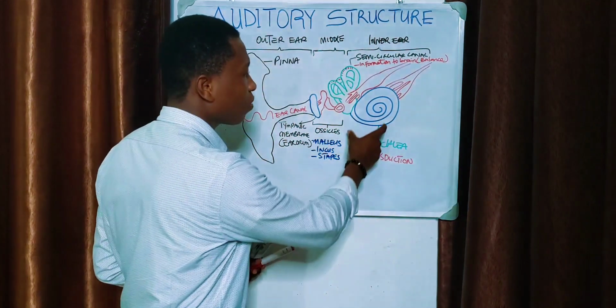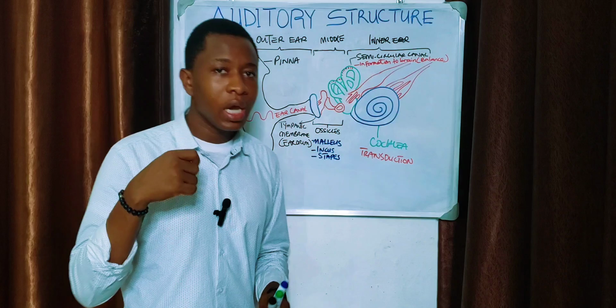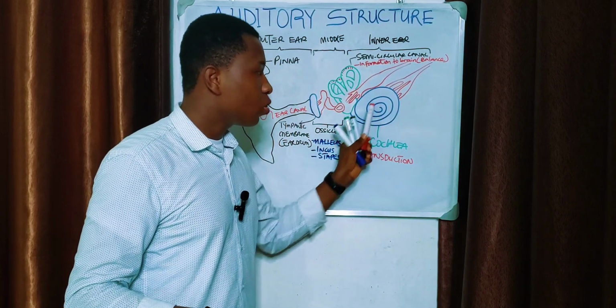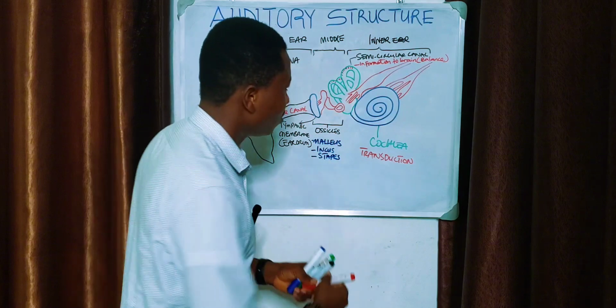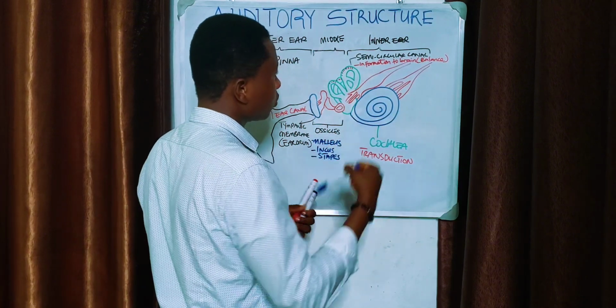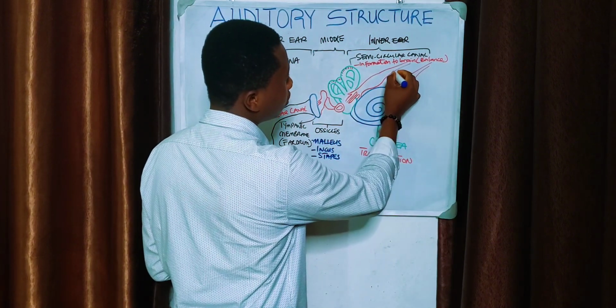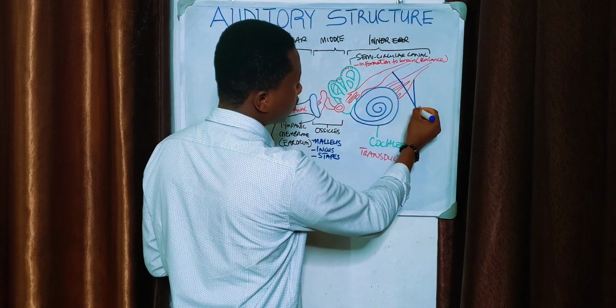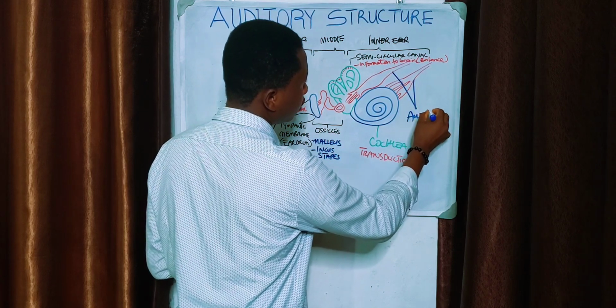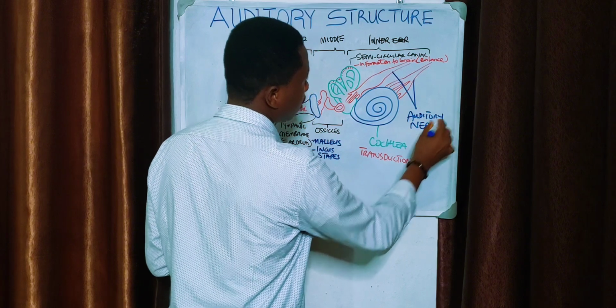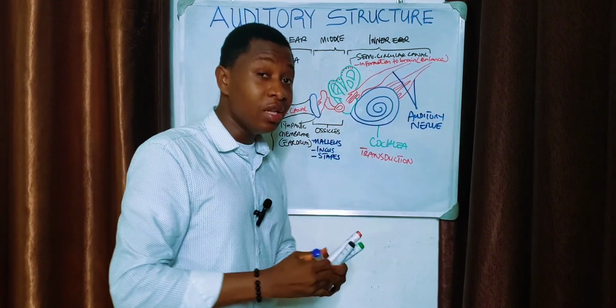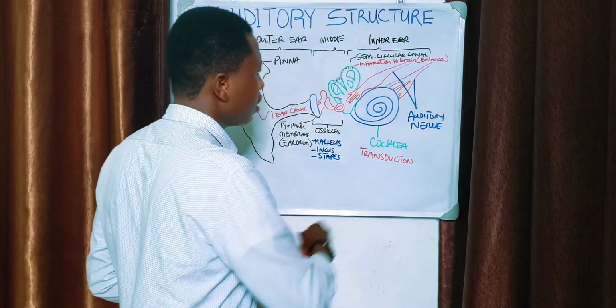When this is converted to electrical impulse in the cochlea, it is taken by the auditory nerves. So this structure here is the auditory nerve. This takes it directly to the brain. And what part of the brain does this go to?